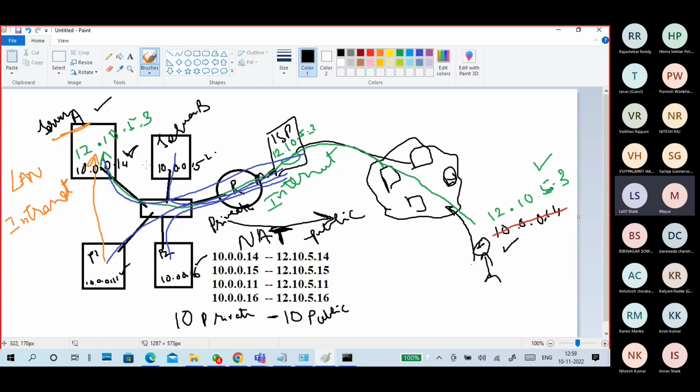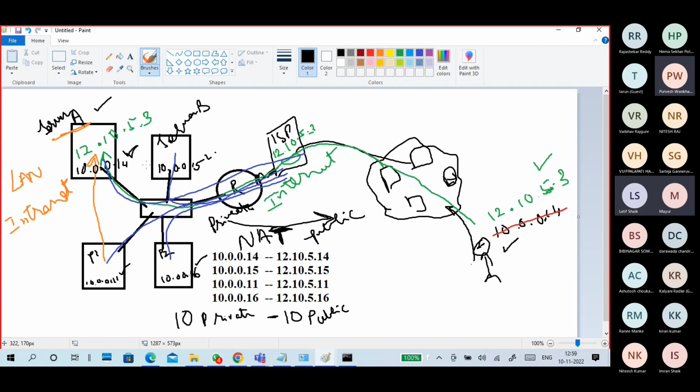Two important things. One is, public IP addresses are costly. On the other hand, public IP addresses are also not available that easily, because for each device you would have to give one public IP, either through NAT or directly.